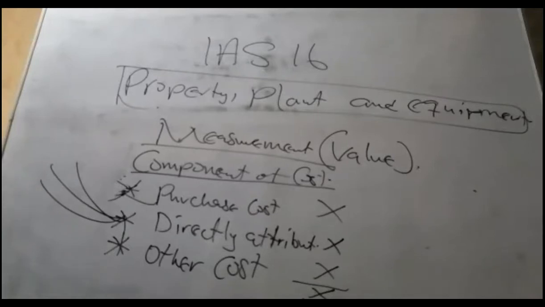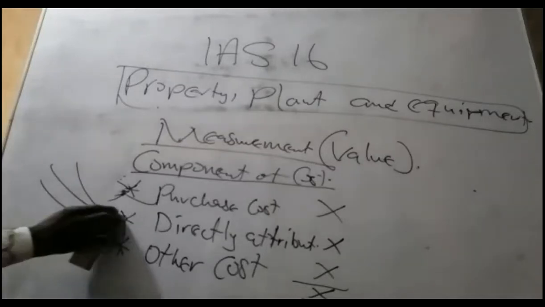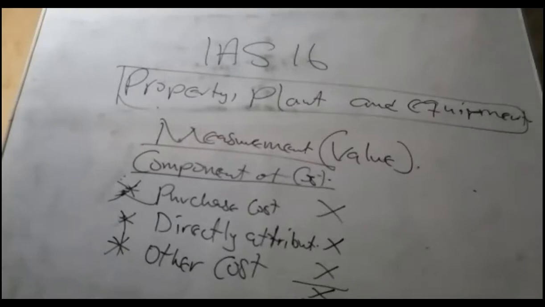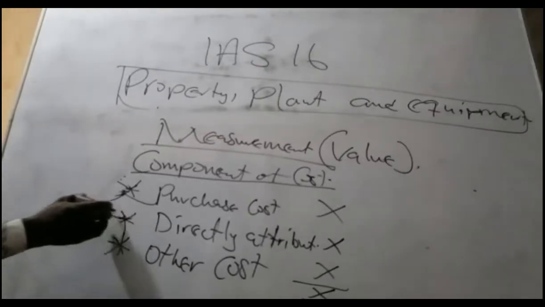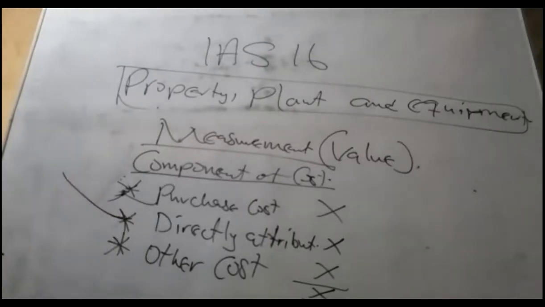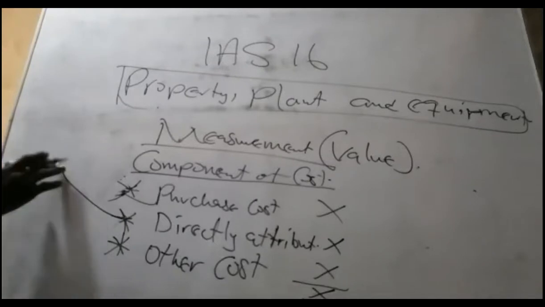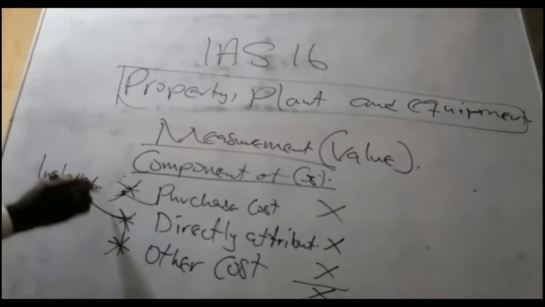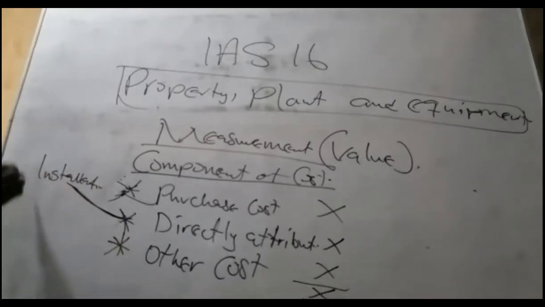Good. So that is it. Now it includes what? One, installation cost. Directly attributable costs are the labor and overhead that you work on it. So installation is a directly attributable cost.